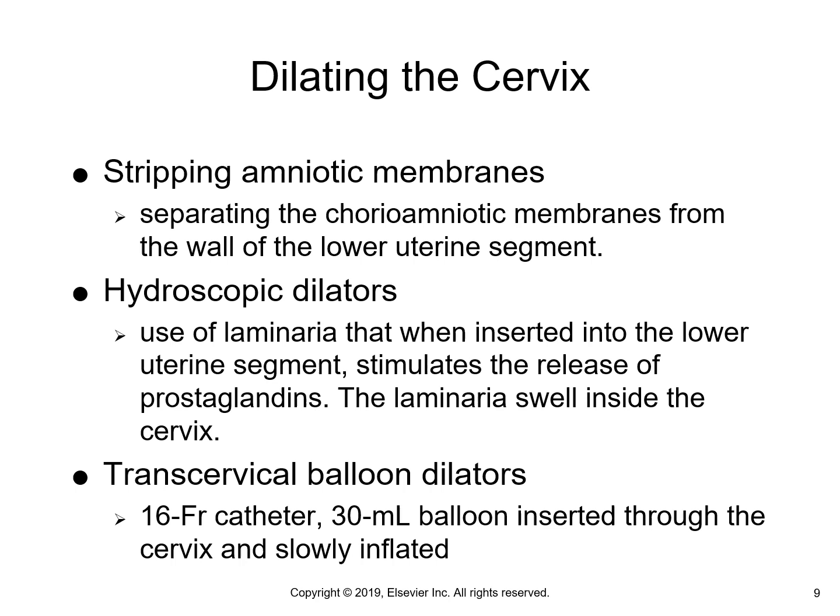Then you can also use transcervical balloon dilators. We insert a 16 French catheter with a 30 ml balloon through the cervix, and it slowly inflates. As it slowly inflates, the pressure opens and dilates the cervix.